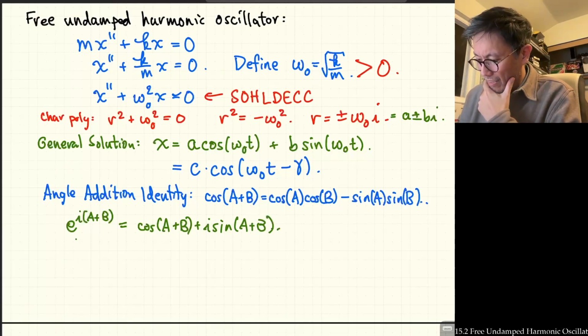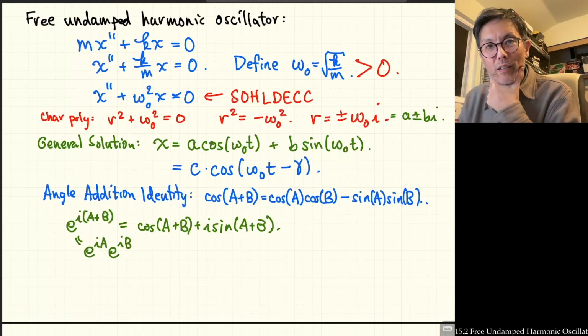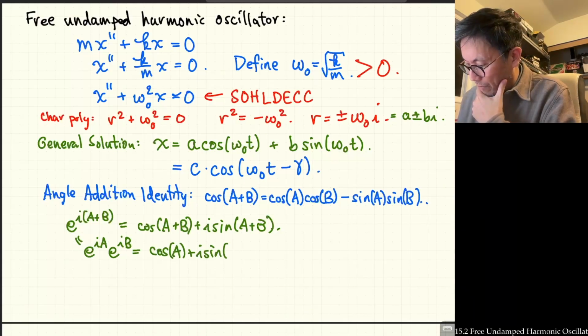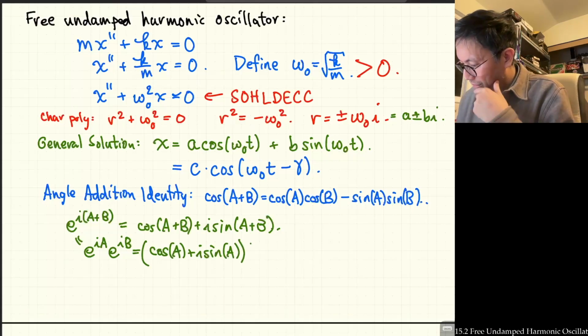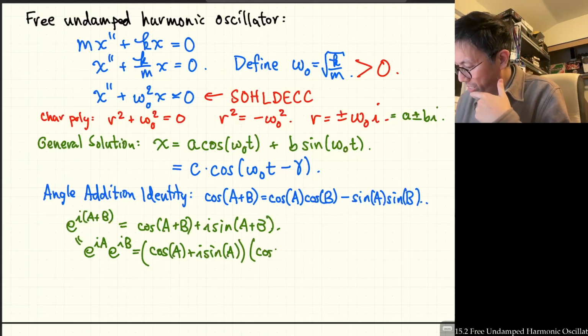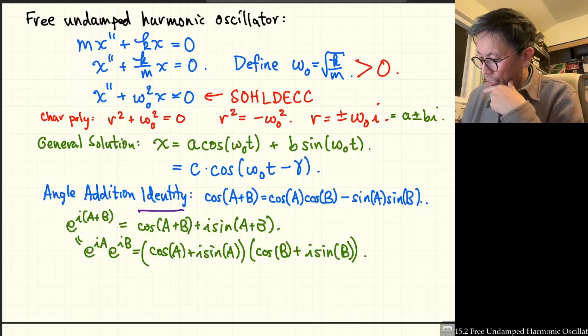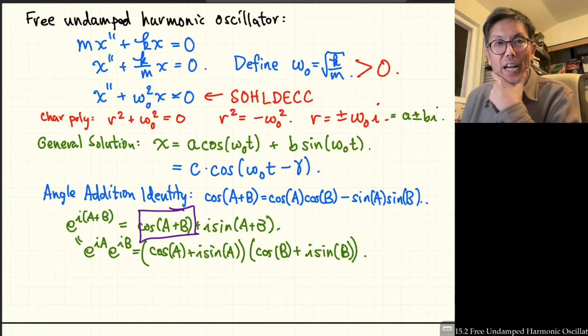On the other hand, this is equal to e to the iA times e to the iB, which is equal to cosine of A plus i sine A, times cosine of B plus i sine B. So what I'm saying is that the real part of e to the i(A plus B) is cosine of (A plus B).